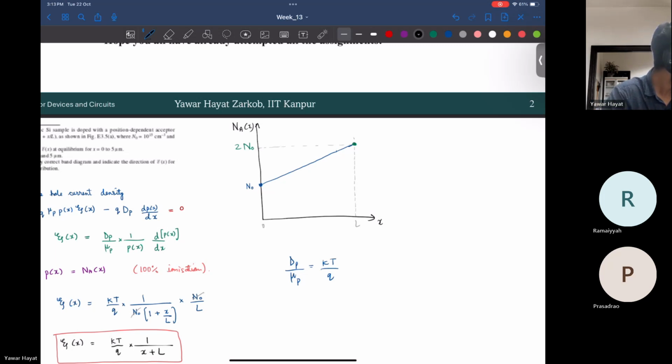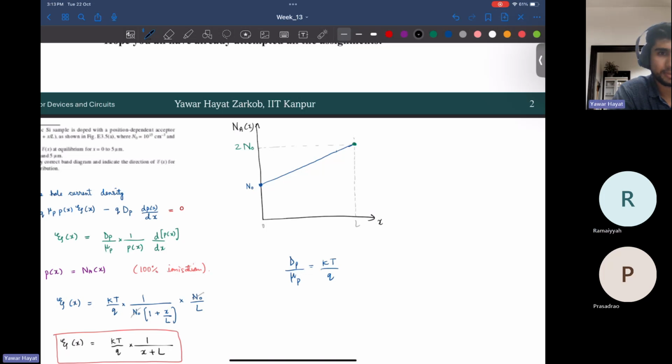Which expression would you use? Majority carrier concentration expression. Okay, and then can you try that out? Yes, sir.